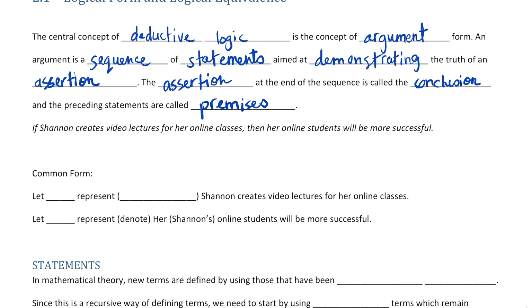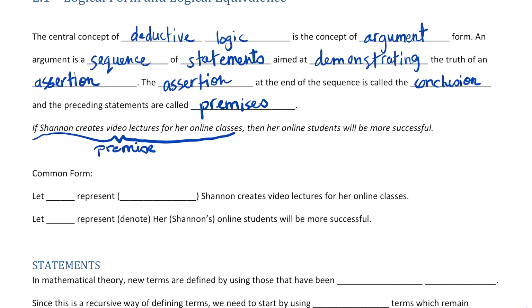For example, the following sentence reads, if Shannon creates video lectures for her online classes, then her online students will be more successful. So if we just look at this as what is the premise, what is the conclusion, we've got this one premise here. This is a premise: Shannon creates video lectures for her online classes.